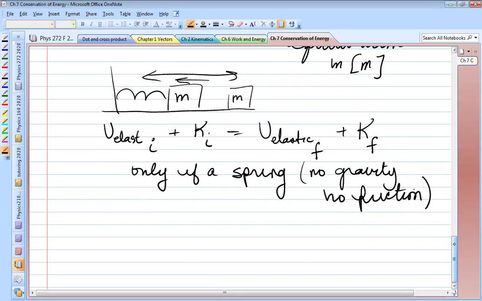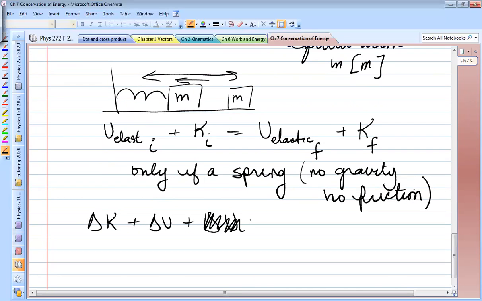Now, if we have all these things going on at once, then you simply add them all up. So the total change in any type of energy is 0. So that's the next equation here. I'm not sure what they mean by U int on your formula sheet, but basically what this could be is non-conservative work.